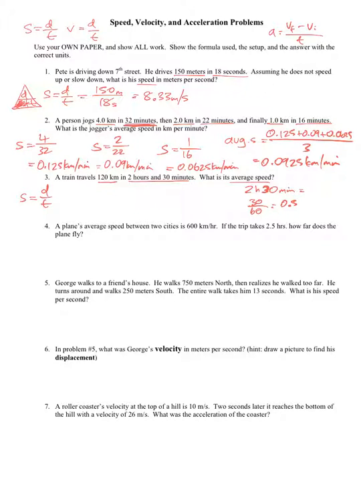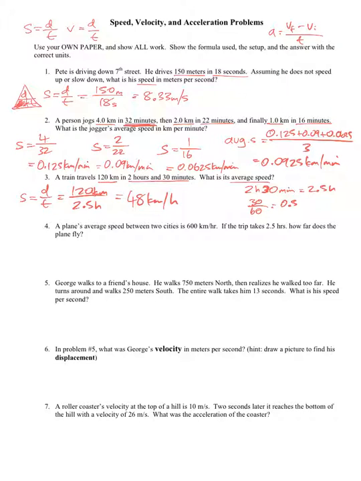So 2 hours 30 minutes is 2.5 hours. So the distance was 120 kilometers, and it took 2.5 hours. 120 divided by 2.5 comes to 48 kilometers per hour, because the units were kilometers and hours.